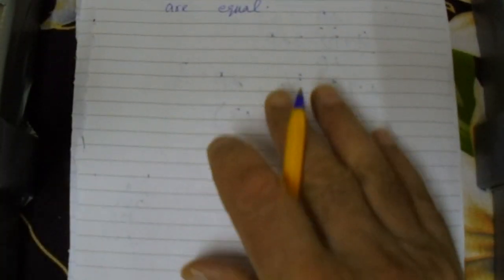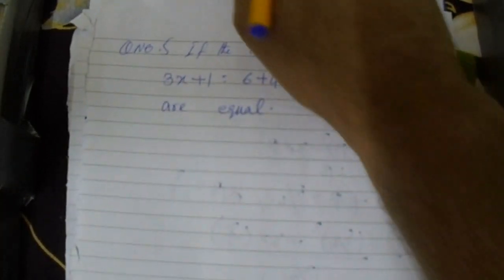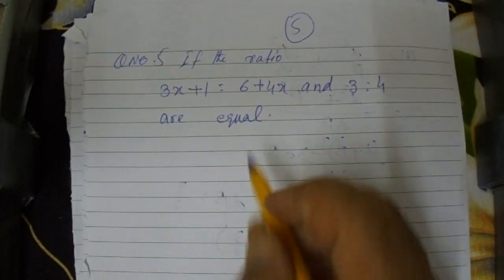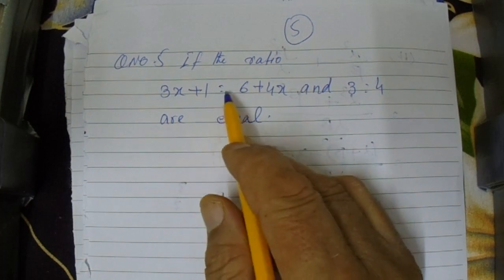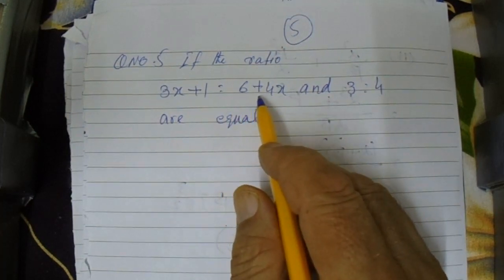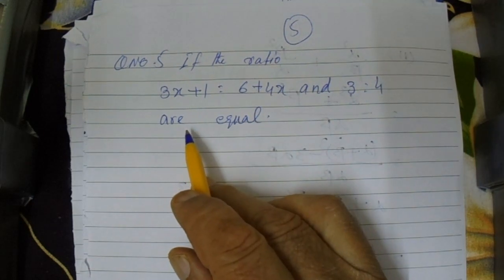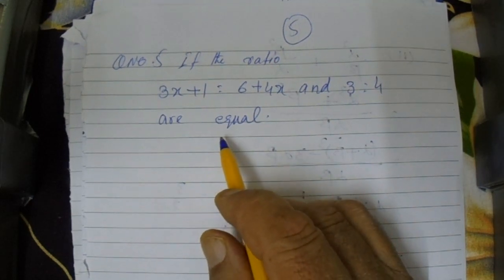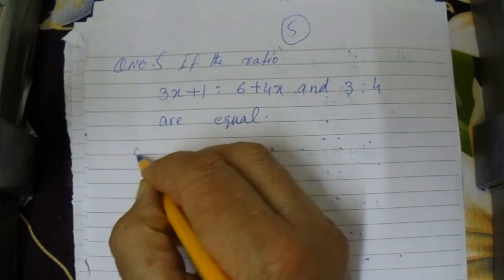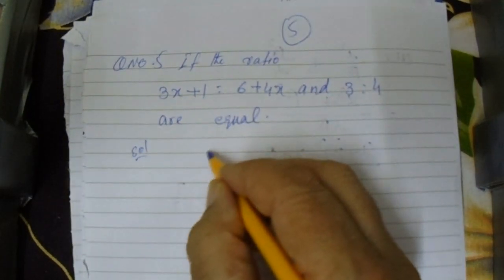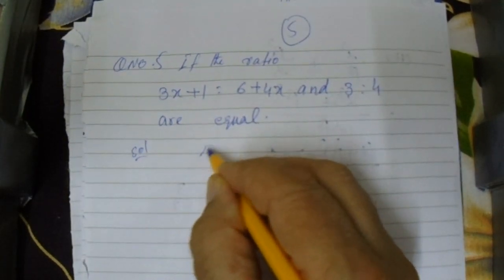Now the question number 5 is, if the ratio 3x plus 1 to 6 plus 4x and 3 to 4 are equal, then find x. We want to find x. Solution: find x.